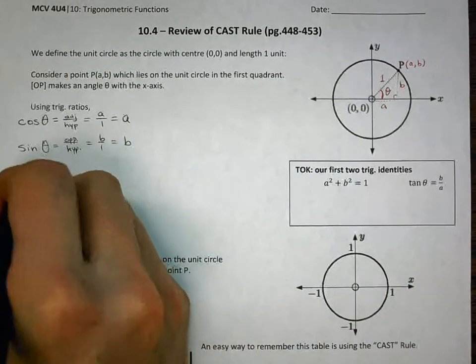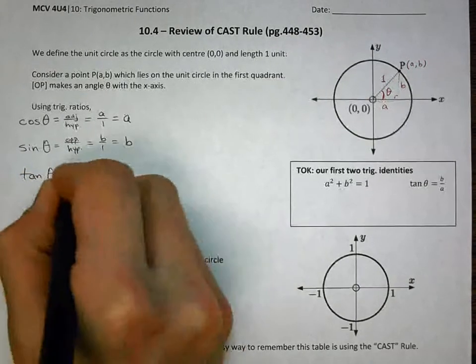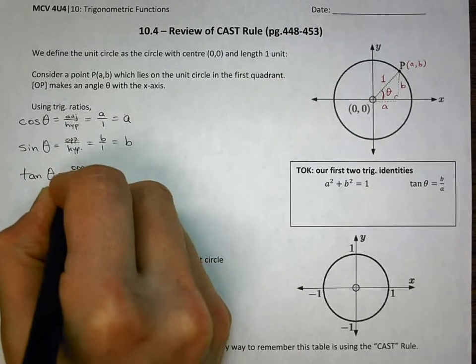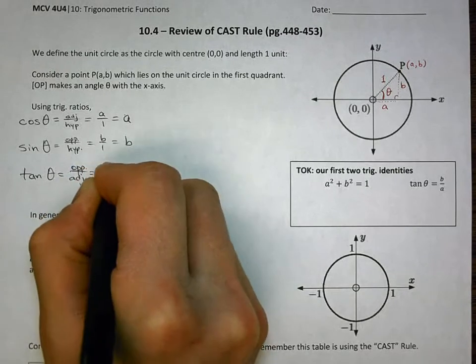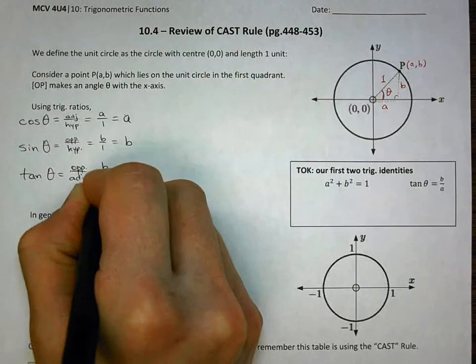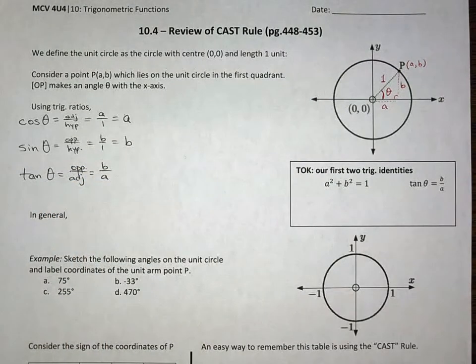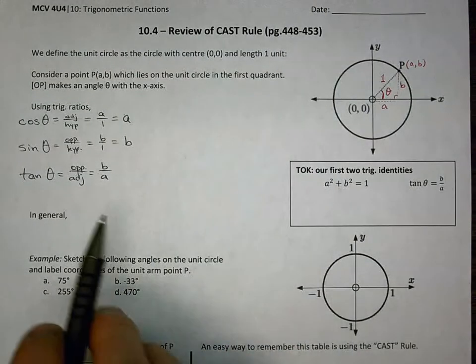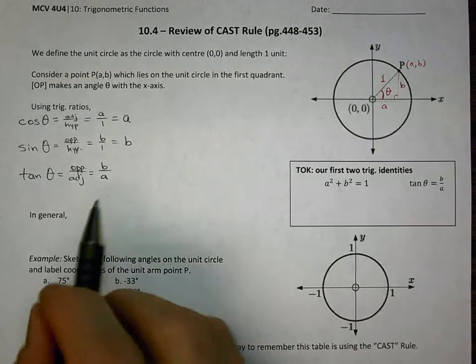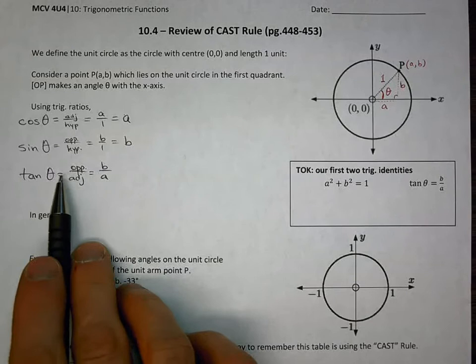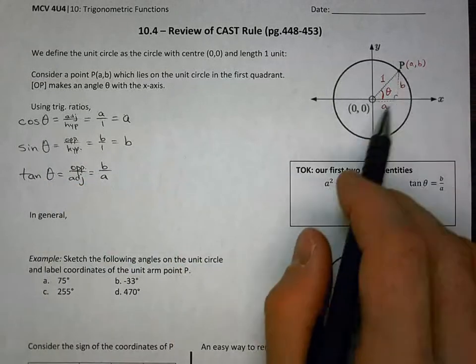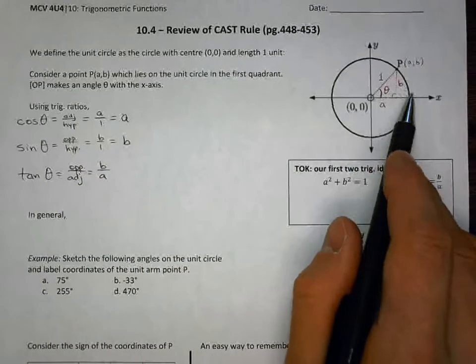Finally, tan theta is opposite over adjacent, which is b over a. So essentially, we can represent all of our trig ratios using these lengths a and b.